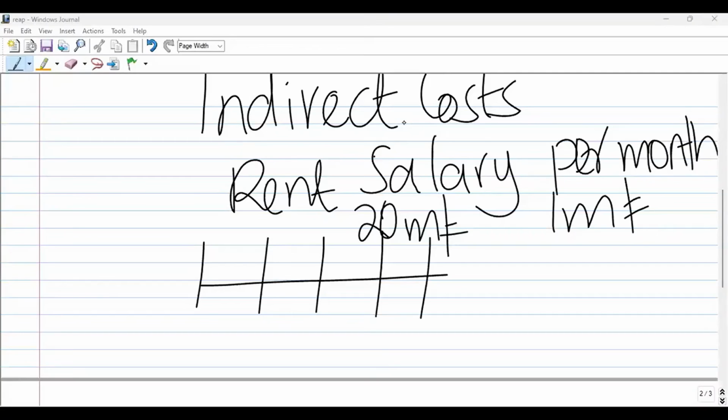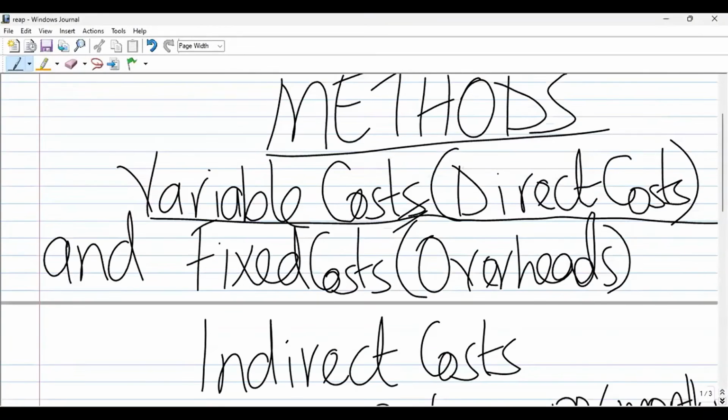So when we are looking at costing methods, our challenge is not the variable cost or the direct cost. No, our challenge is on the fixed costs. That's where the problem comes from, because these costs are not easy to trace, so that makes it difficult.